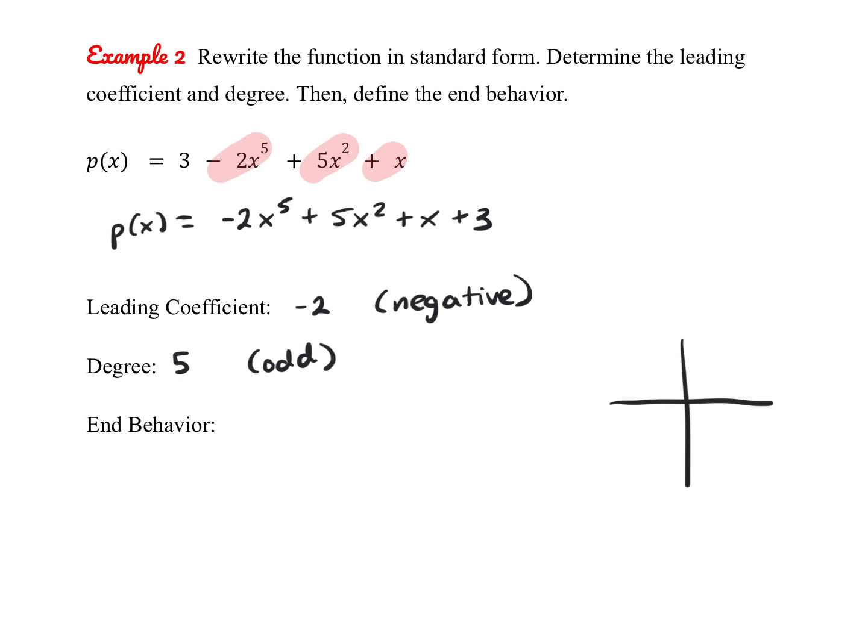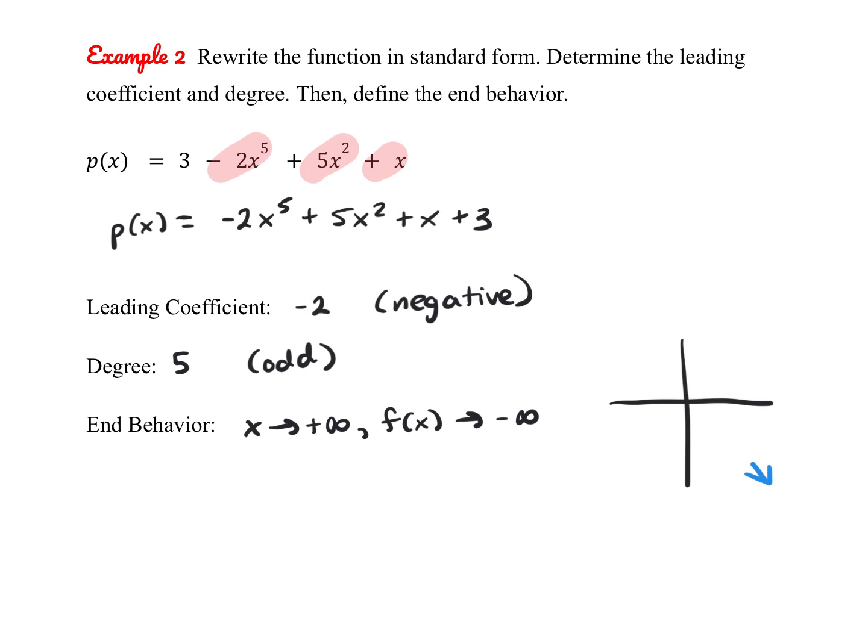So since our leading coefficient is negative, that tells us that the right side goes down. It only tells us the end behavior on the right. So as x approaches positive infinity, f of x approaches negative infinity. This says on the right my graph goes down.